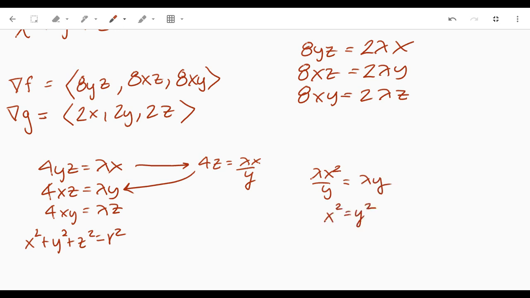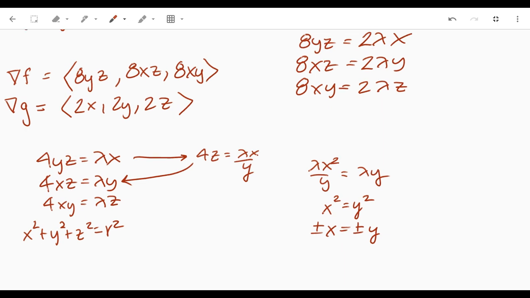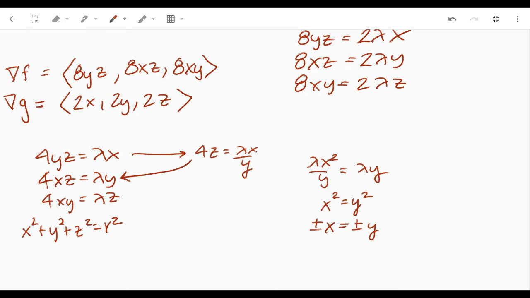So basically positive or negative x equals positive or negative y, right? Now I'm going to do something similar. I'm going to take this one and solve it for 4x. 4x is lambda y over z, and now I'm going to plug it into this one.